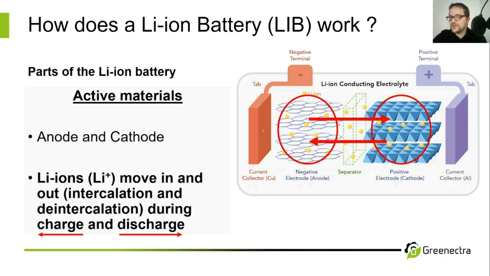No, of course not, because during discharge we have a current which we can use. In other words, we have traveling electrons which travel through your external circuit, for example your mobile phone. So that's the pathway of the electrons, not traveling internally like lithium ions, but externally, in the same direction from anode to cathode.